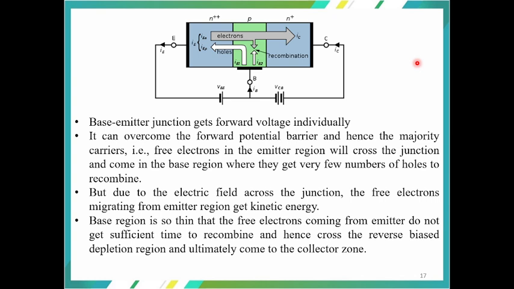Due to the electric field across the junction, the free electrons migrating from the emitter region gain kinetic energy. The base region is so thin that the free electrons coming from the emitter do not get sufficient time to recombine, and hence cross the reverse bias depletion region and ultimately come to the collector zone.